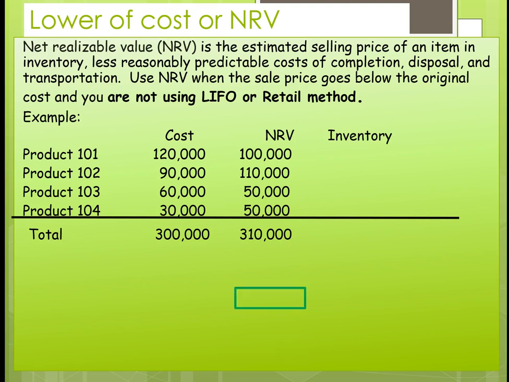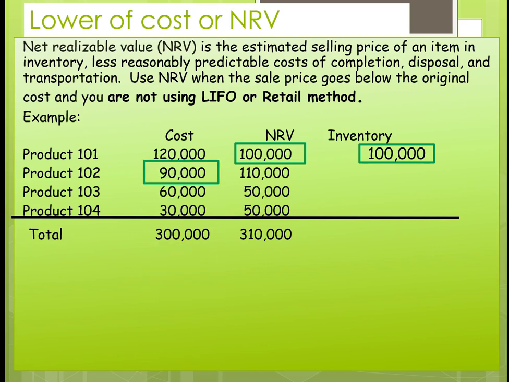So that means that's the amount we have to value it for in inventory. Product 102 costs $90, net realizable value is $110, so we're going to stick with the cost on that one. Product 103, the net realizable value is lower, so that's the number we're going to use. And for product 104, the cost is lower, so that's what we're going to use.